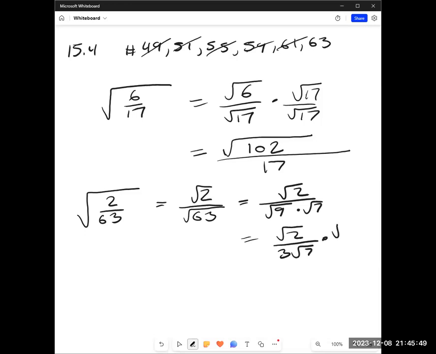So I need to multiply by root 7 over root 7. That's root 14 over 3 times 7, which is root 14 over 21.